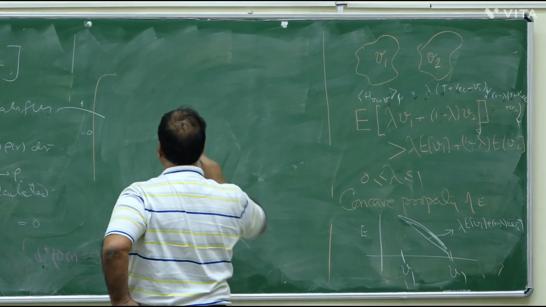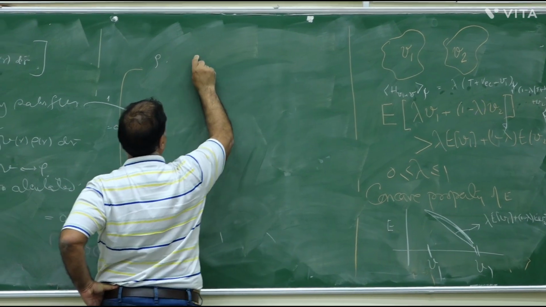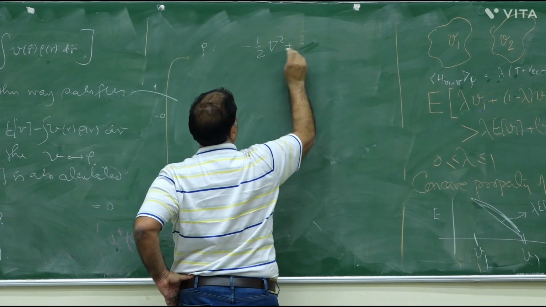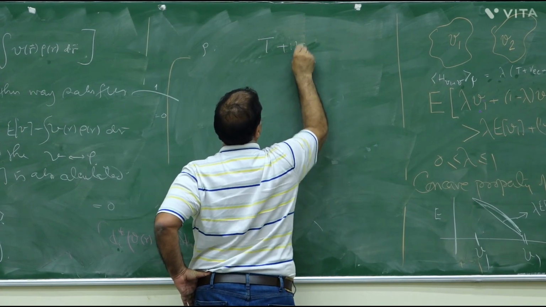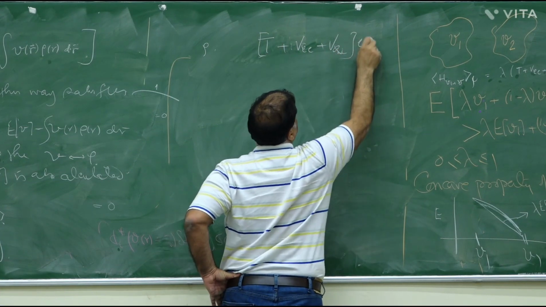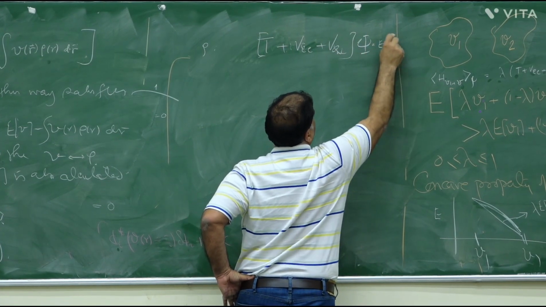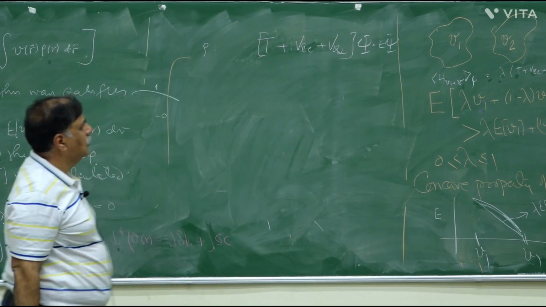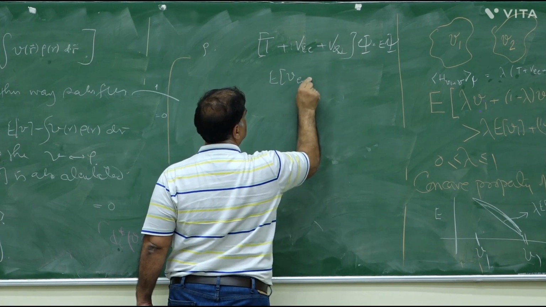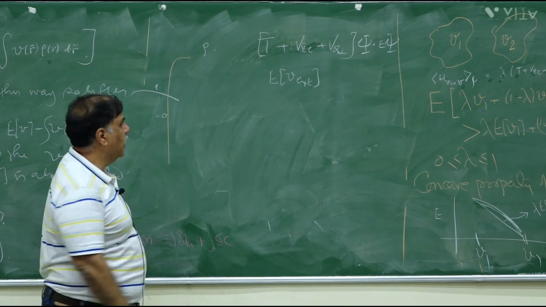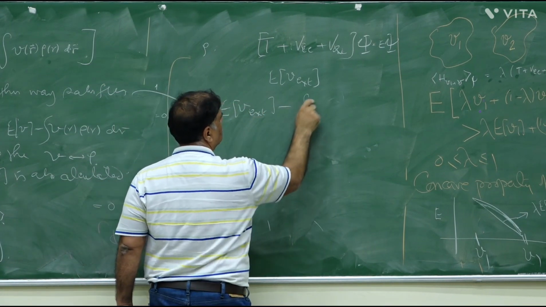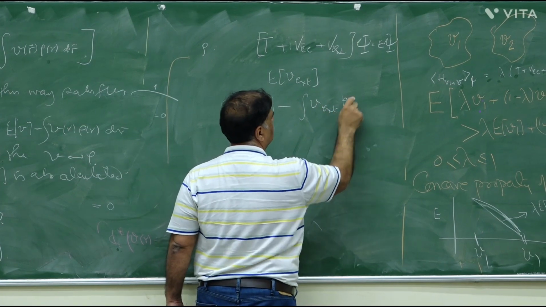Take a density, solve the Schrodinger equation with minus 1/2 del squared plus V, that means T plus Vee plus V external, that will solve the many-body wave function inside. And this gives me an E[V]. Calculate E[V external] minus the integral of V external rho.